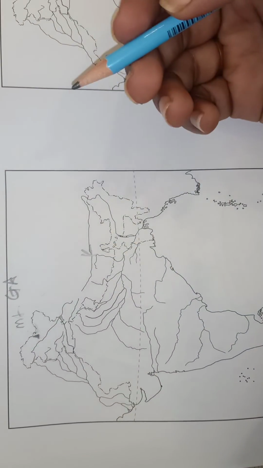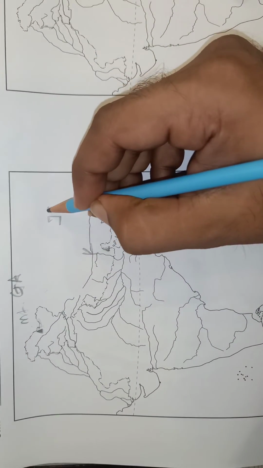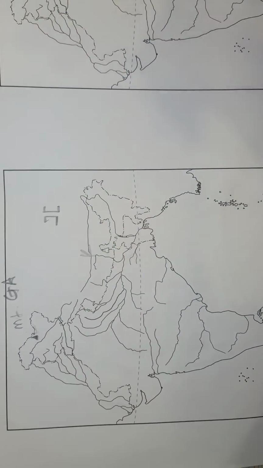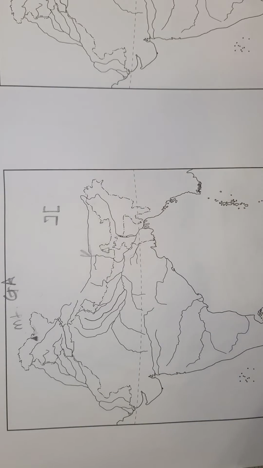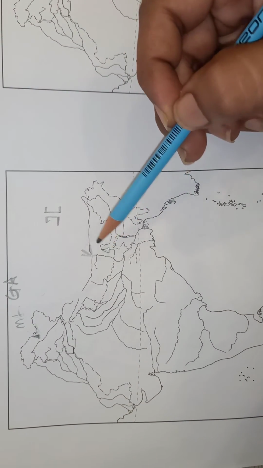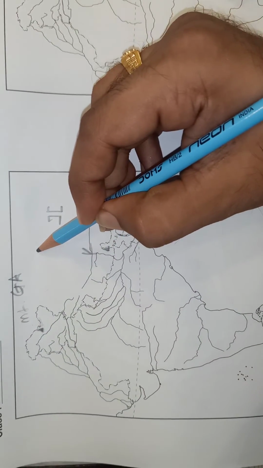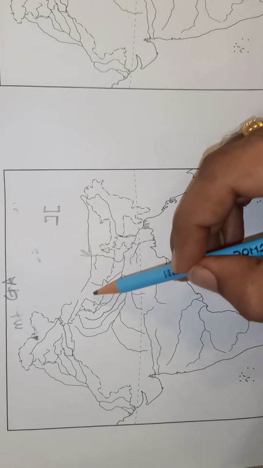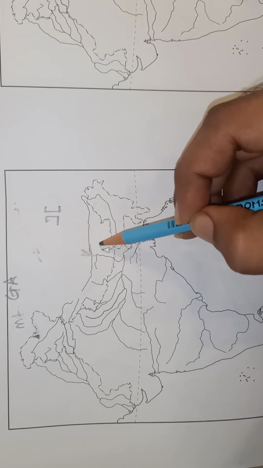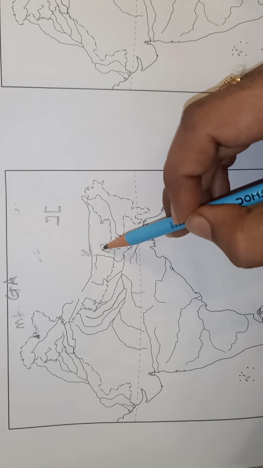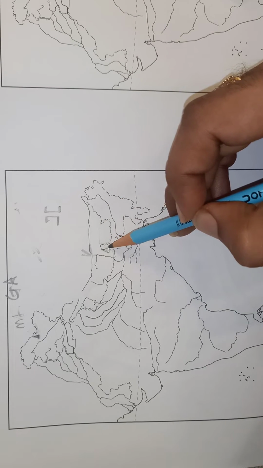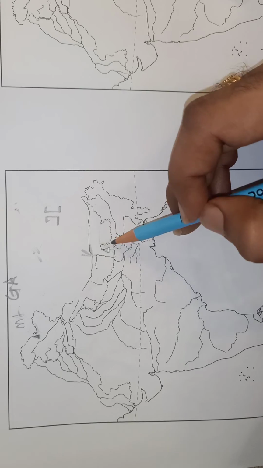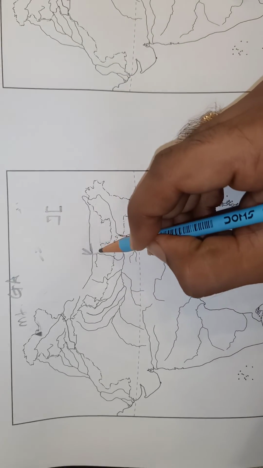Now I'll be marking passes. The symbol of a pass is of this kind. Now what is a pass? Where there's a way to enter from one country to another country is called a pass. See, this is Nepal, this is Bhutan. In between there's a space, so that space is the Nathula Pass, and you have to mark it in this way.